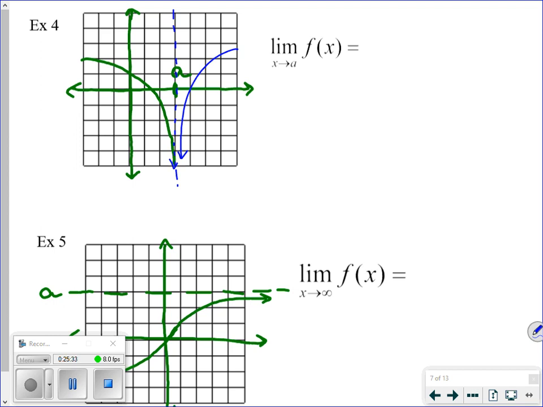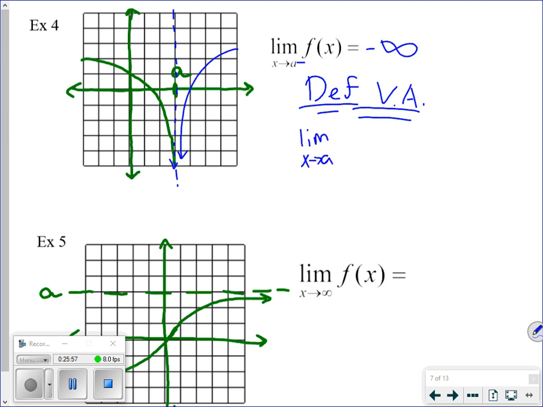But by definition, it says as x is approaching A, and you can even say from the left, if that makes it better, whatever, that's equal to negative infinity. That's the definition for vertical asymptotes. We would say that the limit as x is approaching a of f of x would equal plus or minus infinity.